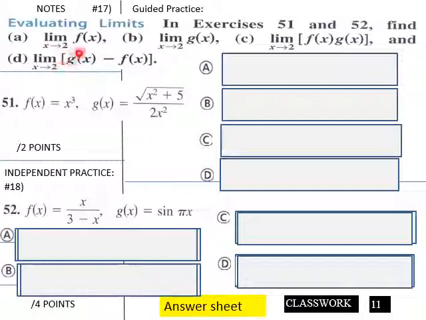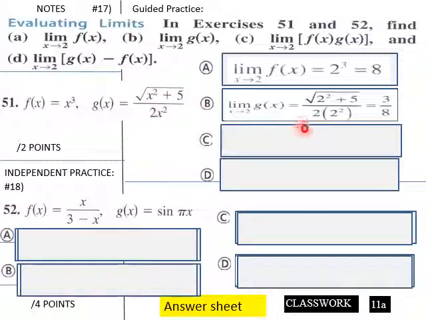So for A, we just have f of x as x approaches 2. So we can directly substitute into that. We get 8. 2 cubed would be 8. And then B here would be the limit as x approaches 2 for g of x. This one down here is a little bit more complex, but we substitute in and we end up with 3 over 8 for this one. 2 squared plus 5 over 2 times 2 squared.